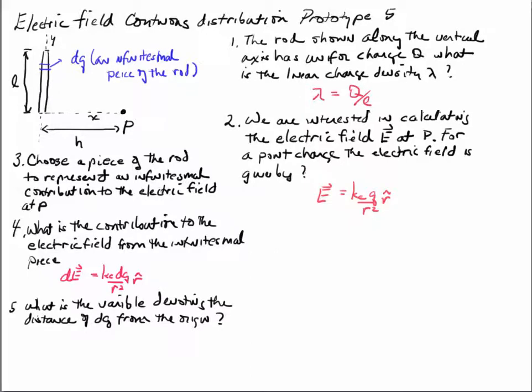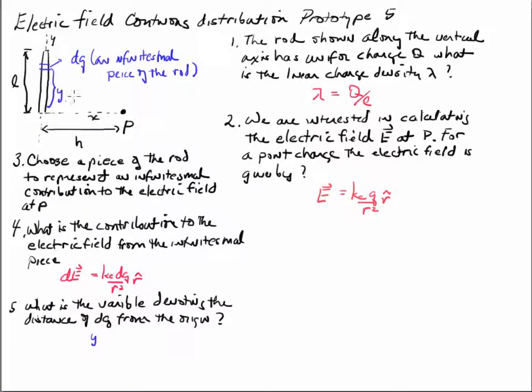Now, what is the variable denoting the distance of dQ from the origin? Once again, pause and think about it. Y. As you can see, I've drawn this distance y here from the origin to the infinitesimal element.